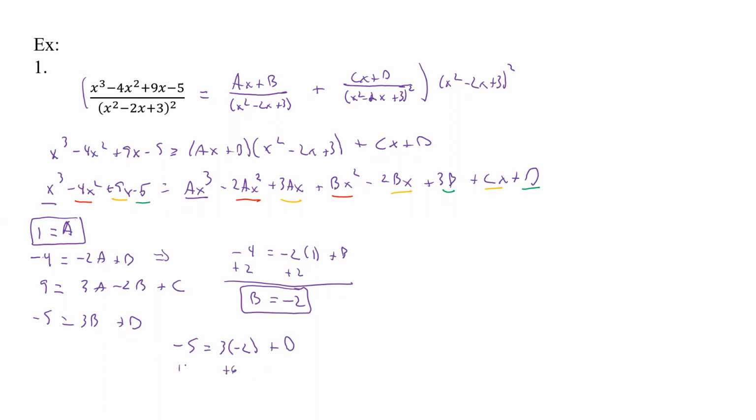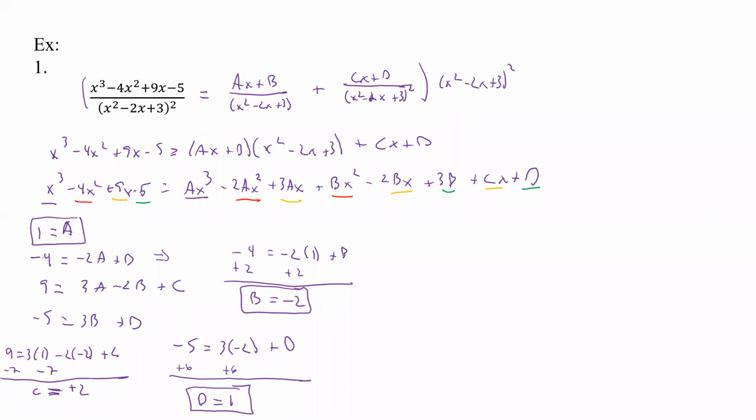If we add 6, D equals 1. Then for the other one, 9 equals 3 times 1 minus 2 times minus 2 plus C. 2 times 2 is 4, plus 3 is 7, so if we subtract 7, C equals 2. Wait, not negative 2, positive 2: 9 minus 7, so that's a plus. I've got to look at what I'm writing here.